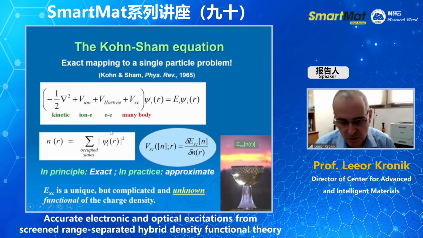In practice, it's almost always approximate because we don't know what this exchange correlation energy is. We know that it's a unique object, but it's a complicated and generally unknown functional of the charge density. So that means that a lot of the effort in density functional theory development is actually to find better and better approximations for how this exchange correlation energy depends on the density.